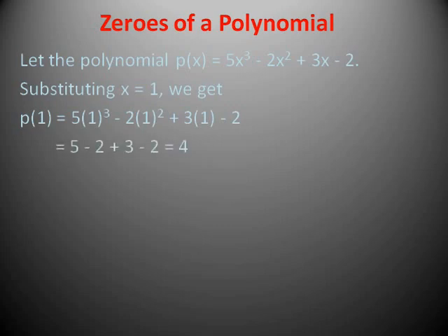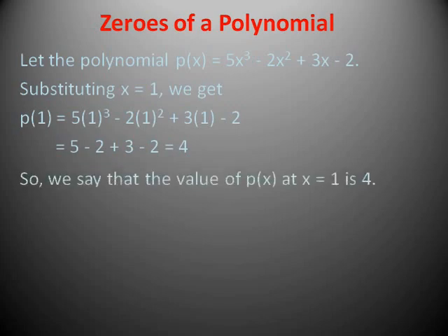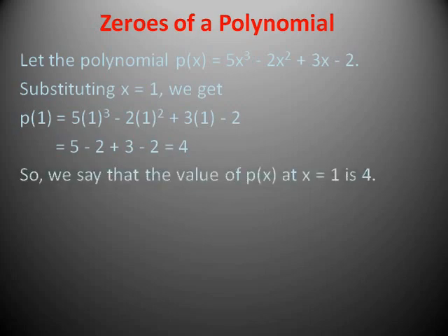So on simplifying we get 5 minus 2 plus 3 minus 2, which is equal to 4. So here what we see, on substituting x equals 1, the value of p(x) becomes 4. So we say that the value of p(x) at x equals 1 is 4.